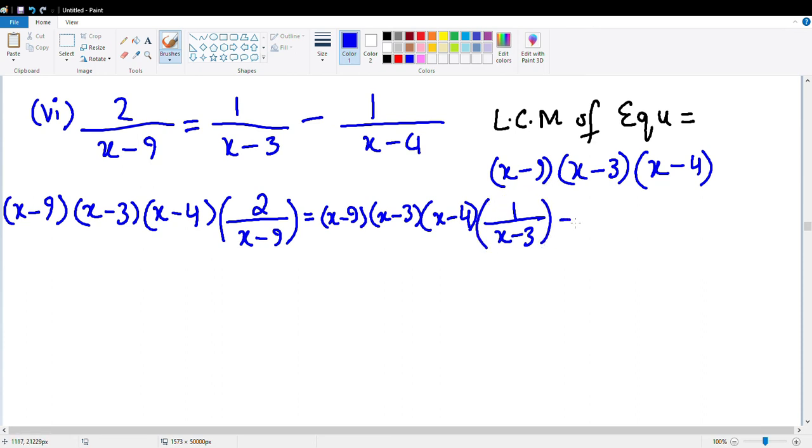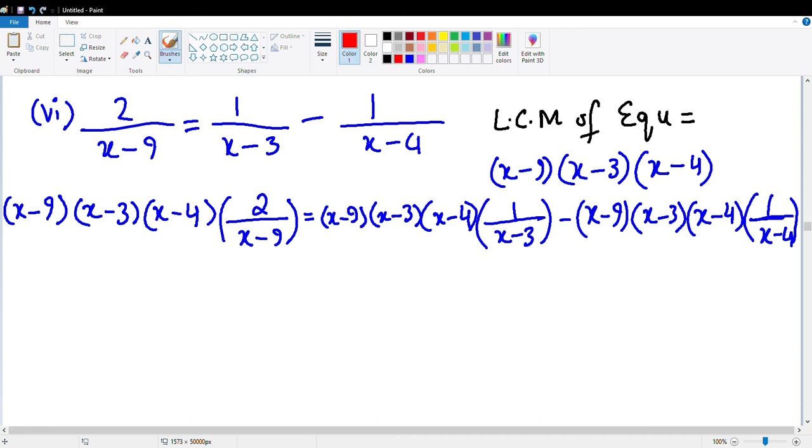And then we have minus in the middle, which is this minus right here. And then we have x minus 9 into x minus 3 into x minus 4 into 1 over x minus 4. Wasn't actually expecting to fit all this in one line, but we did it.